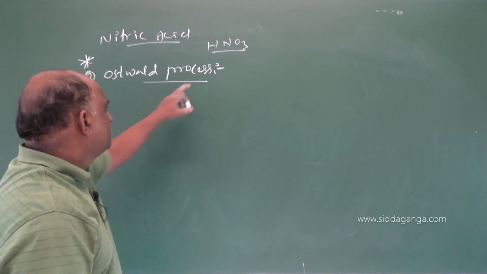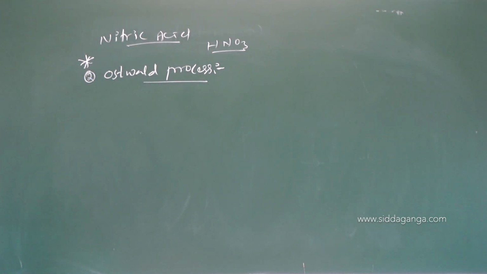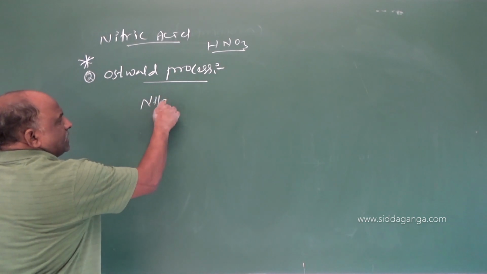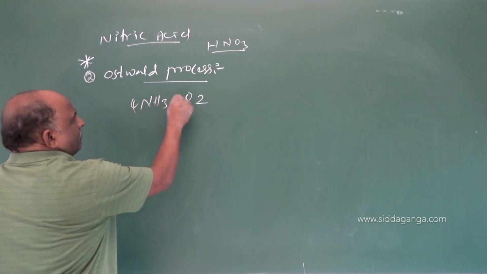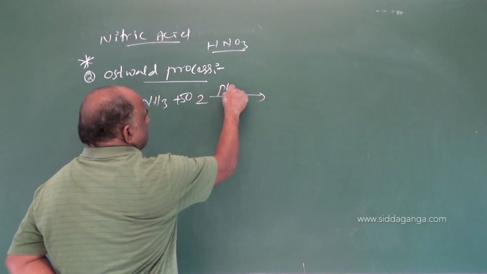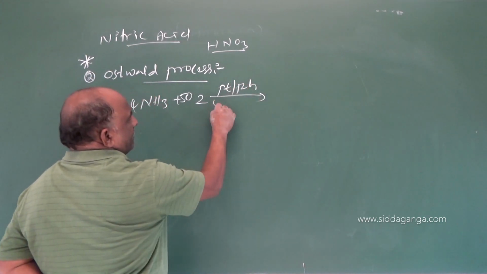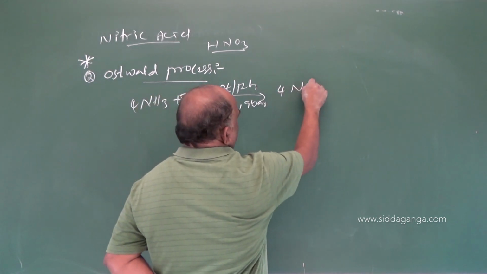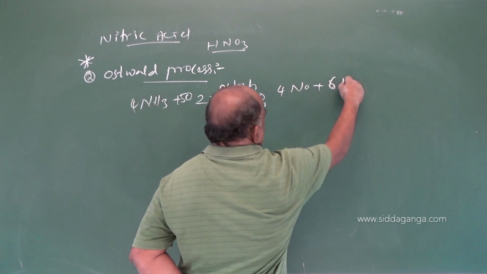It is a simple reaction. Here, oxidation of ammonia: 4NH3 plus 5O2, the reaction takes place in the presence of platinum-rhodium, 500 Kelvin temperature, 9 bar pressure, then we will get 4NO plus 6H2O.